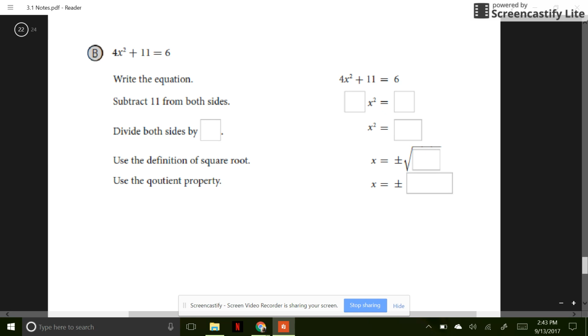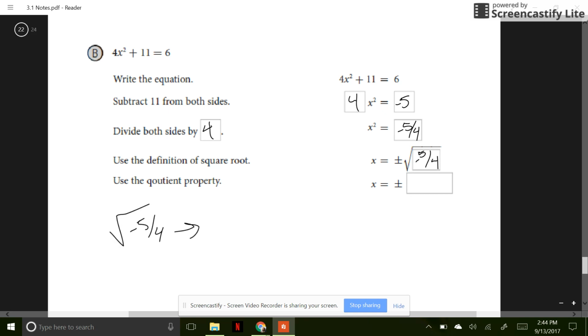So let's do that again. We have to subtract 11 from both sides. That leaves 4x squared is equal to -5. Divide both sides by 4 to get -5 over 4. So that means we take the square root of -5 over 4.